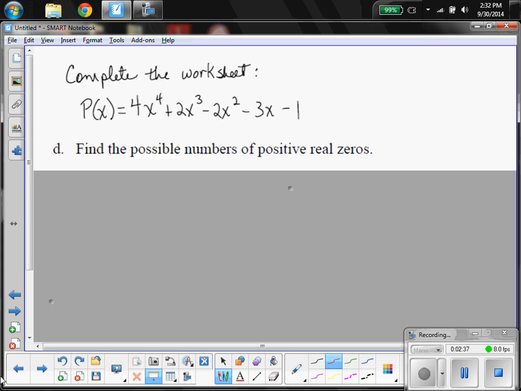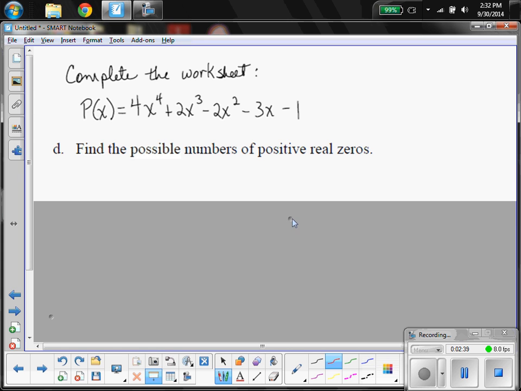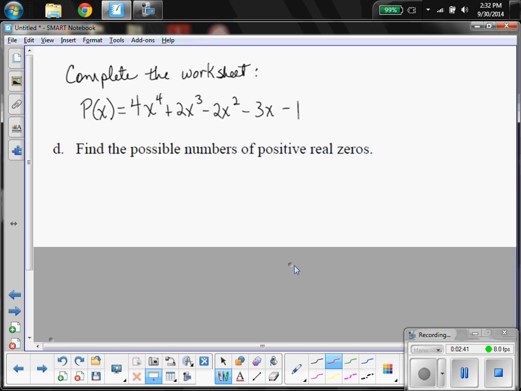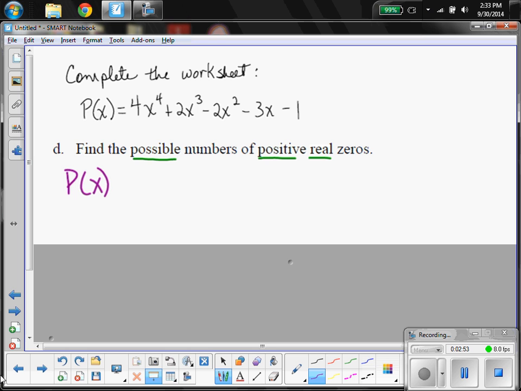Part D, let's narrow down the list of possible zeros. First of all, let's figure out how many of the zeros might be positive and real. And to do that, we'll look at the sign changes in p of x using what's called Descartes' rule. So the signs of the terms of p of x are positive, positive, negative, negative, and negative.